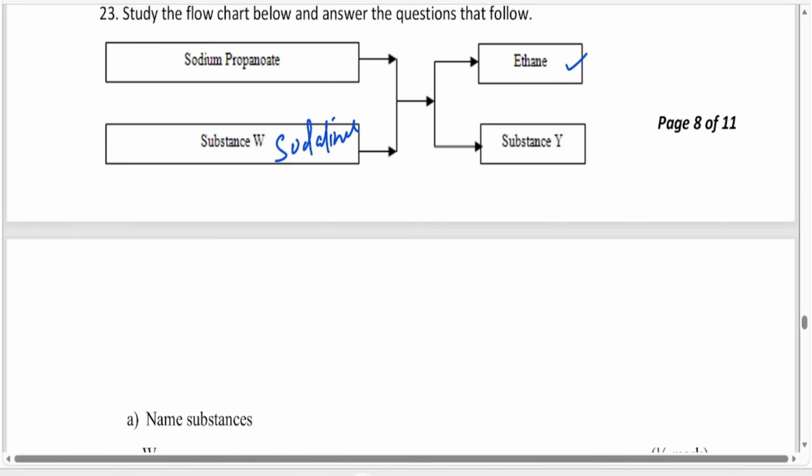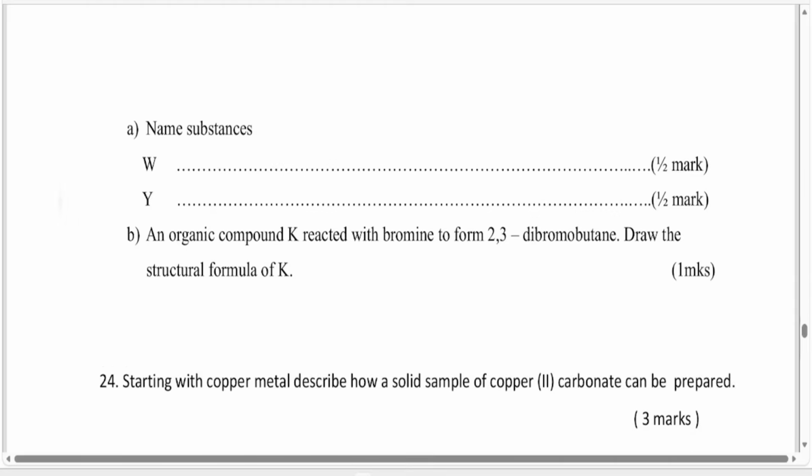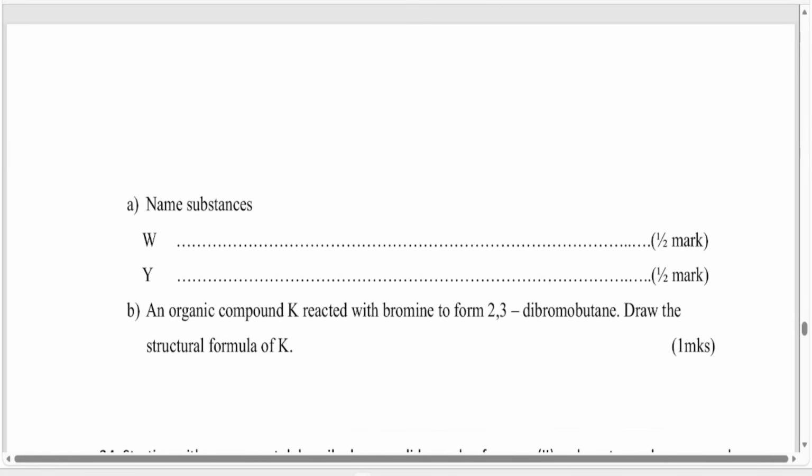Learners or students, remember that soda lime is a mixture of sodium hydroxide and calcium oxide. When the two react, they lead to formation of the key product, which is the alkane and sodium carbonate. So automatically Y becomes sodium carbonate. So we can easily answer the question now. Name substance W. Substance W is soda lime.